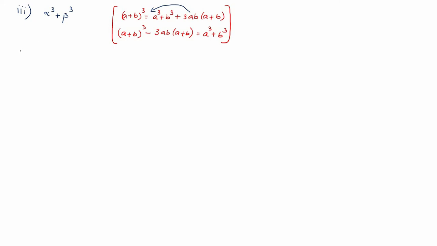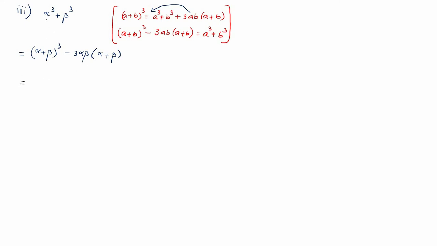So we can use the same identity here. a³ + b³ we can write as (a + b)³ − 3ab(a + b). So α³ + β³ is in the form of a³ + b³, and from (a + b)³ we can derive the value for a³ + b³ as (a + b)³ − 3ab(a + b).